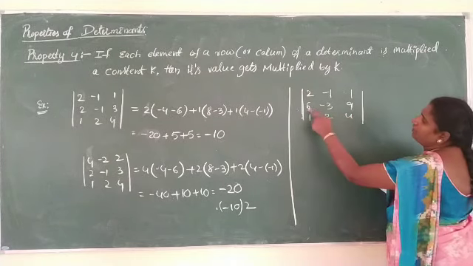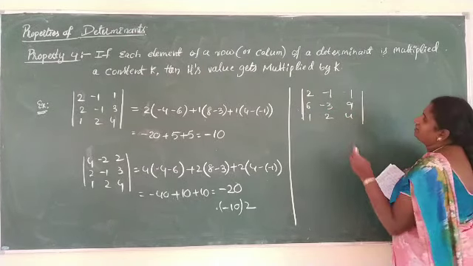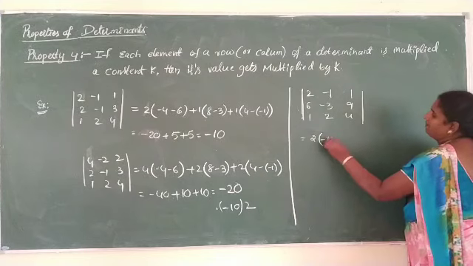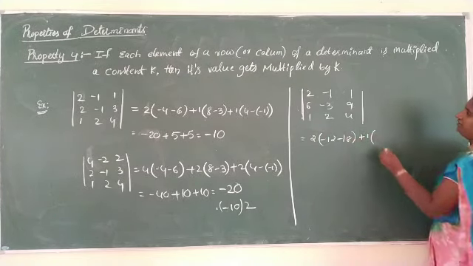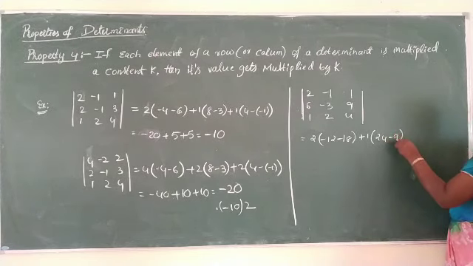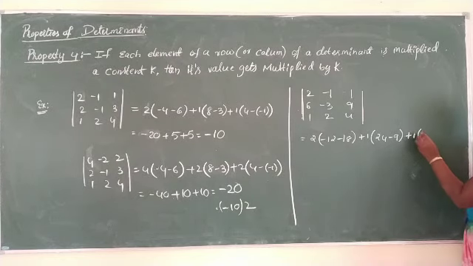Now find the determinant value. Here what we are doing is, the second row we multiplied by the number 3. So let us check the value of this. 2 minus 12 minus 18 plus 1 into 24 minus 9 plus 1 into 12 minus half minus 3.